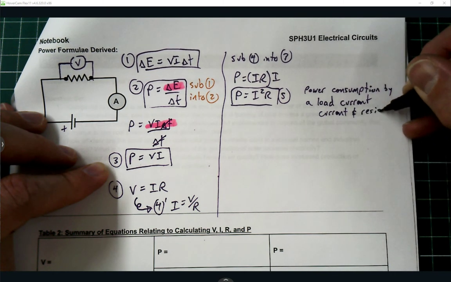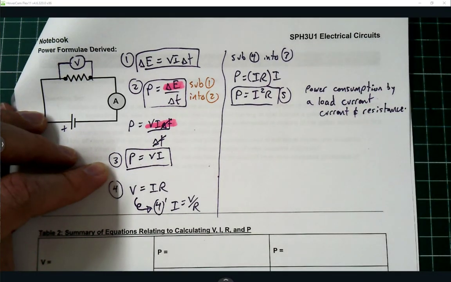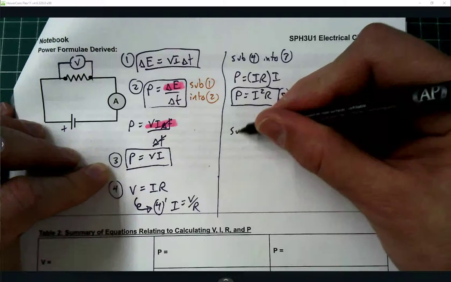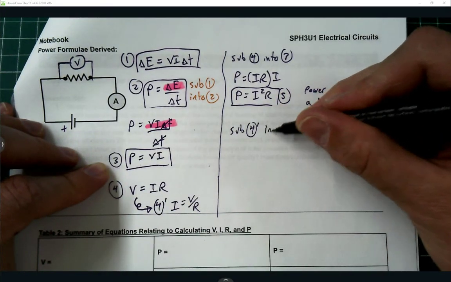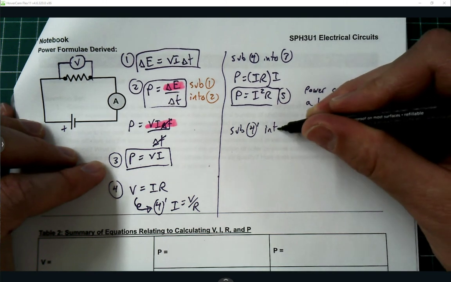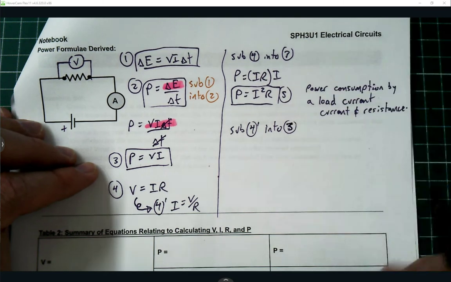Just coming up with other ways to calculate power based on what information we might know. We could also sub equation 4 primed into equation 3.